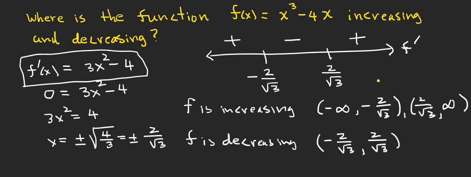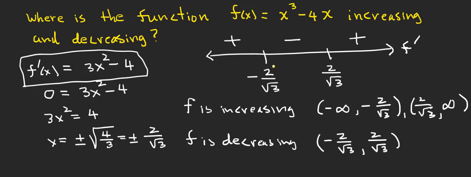Now let's go one step further. How do we know where the local min and max occur for f? Well, in order for a local maximum to occur, f prime has to change sign from positive to negative.